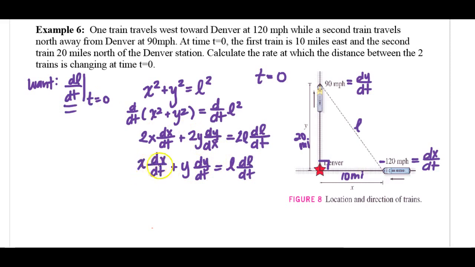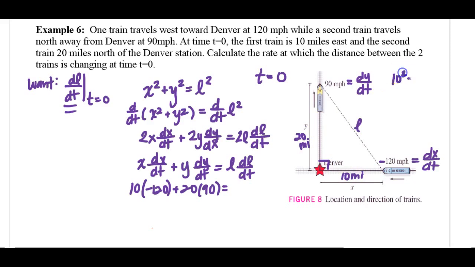So I need to plug something in for each of the other quantities. So x was 10, dx/dt is negative 120, y is positive 20, dy/dt is 90, and L is something I'm going to have to search for. So L at time 0 can be found using the Pythagorean theorem with the side lengths 10 and 20.